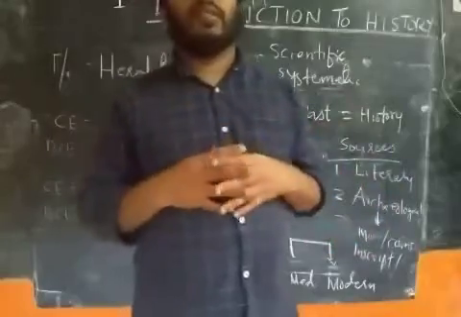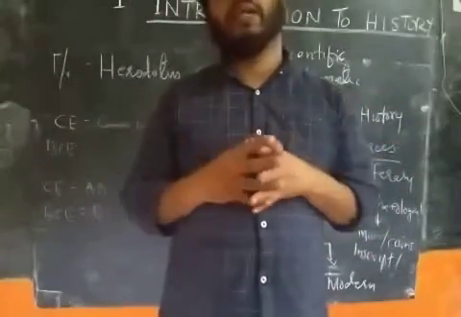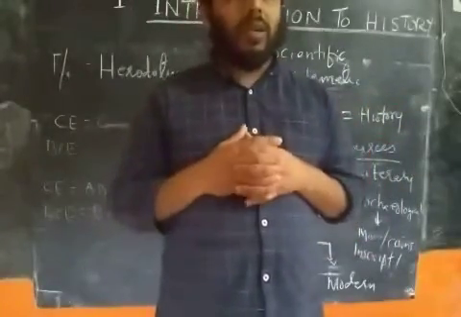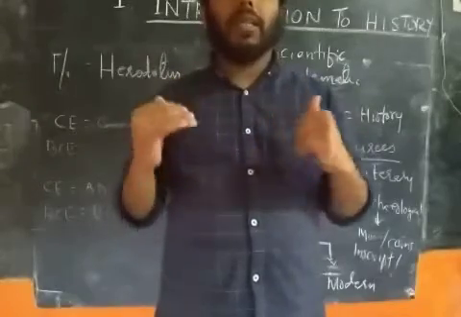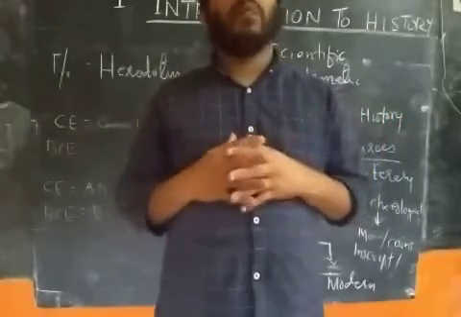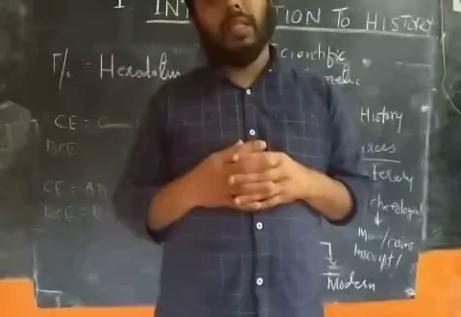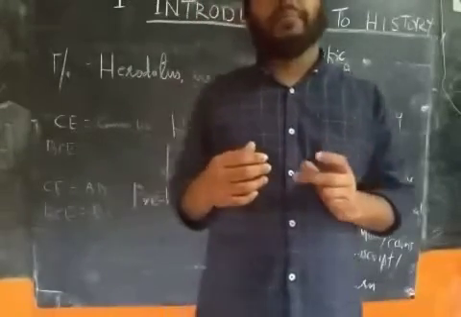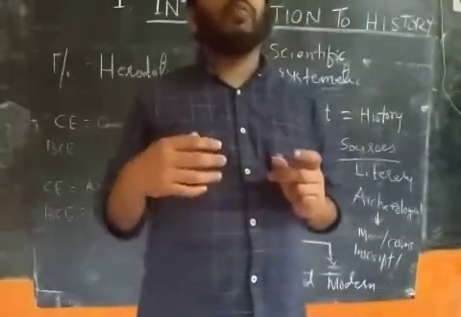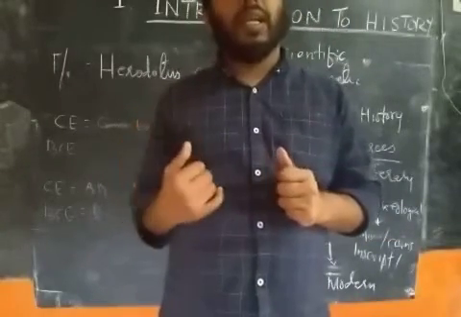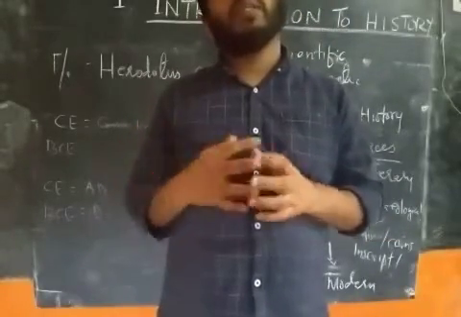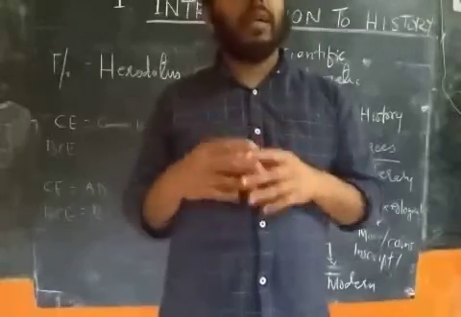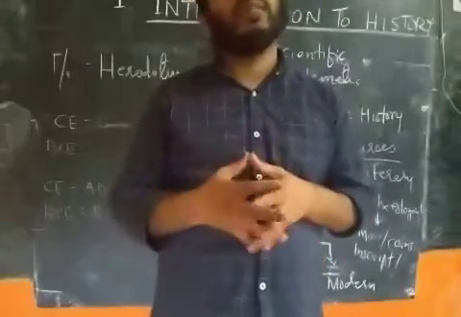It is simple: history is a scientific and systematic study about the past, using scientific methods like observation, recording, verification, generalization. Many scientific steps are there, and under those procedures we are studying history.